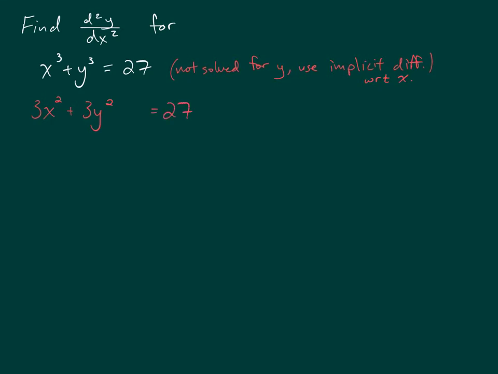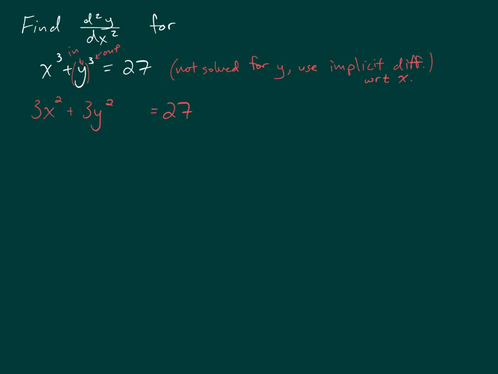But since we don't know what y is as some function of x, or rather some expression that we can write in terms of x, it's almost like we have an outer function and an inner function here. Because I don't know what y is equal to, we have to use the chain rule here.